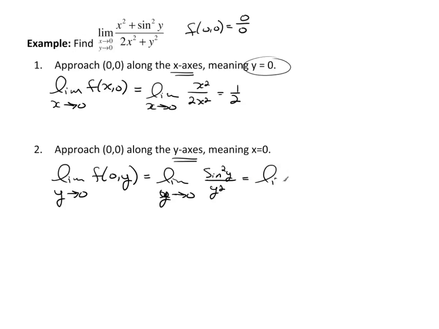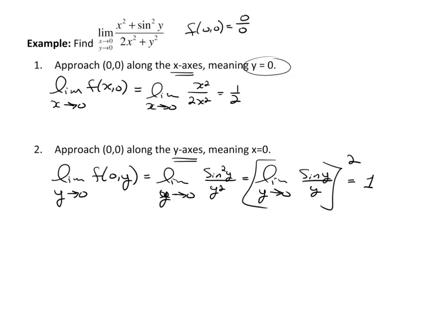But that equals the limit as y goes to 0 of sine of y over y, squared. And if you want, you can use L'Hopital's on this, or if you remember this is a special limit, this limit is actually 1. So it's 1 squared, which is 1.